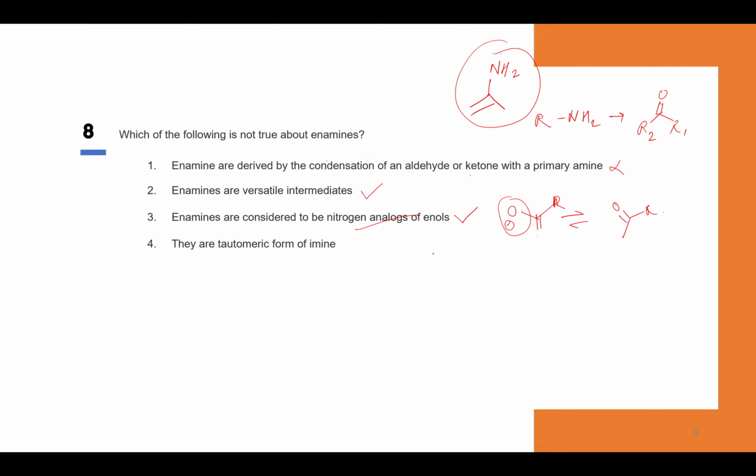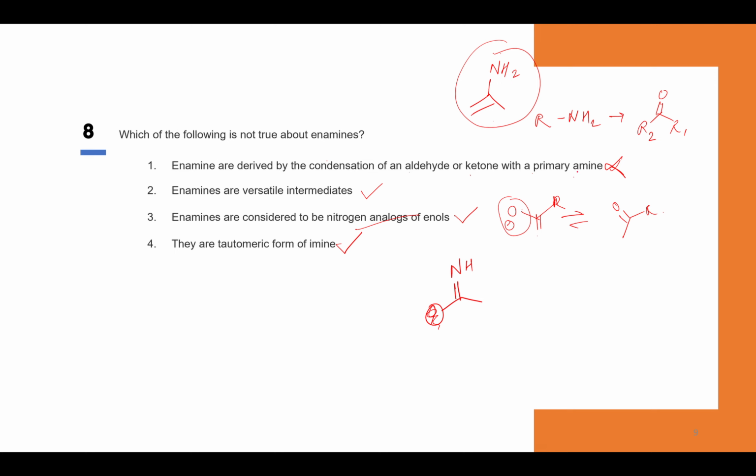The last option is they are tautomeric forms of imine. So what is imine? This way, right? So yes, it is a tautomeric form of imine. So this is also a correct option. The option number 1, enamines are derived from condensation of aldehyde or ketone with primary amine, is incorrect because primary amine will not give enamine.